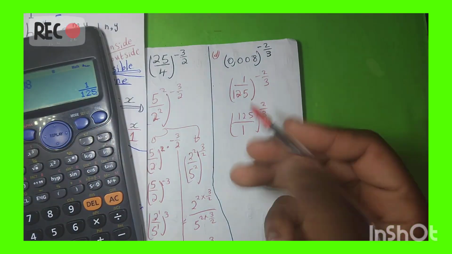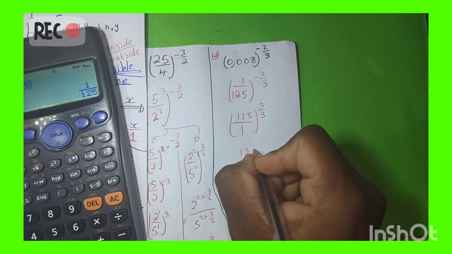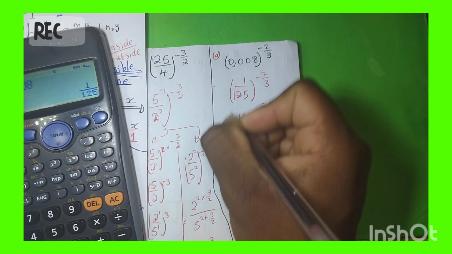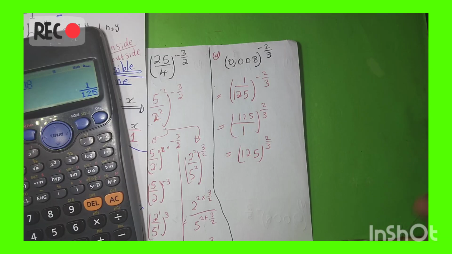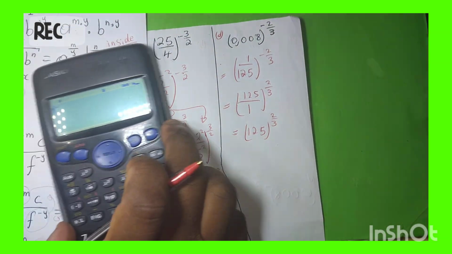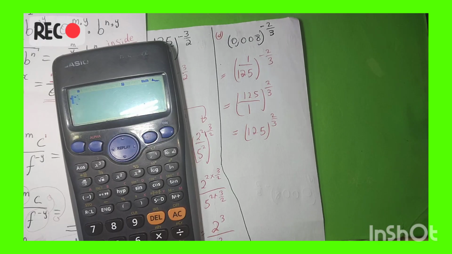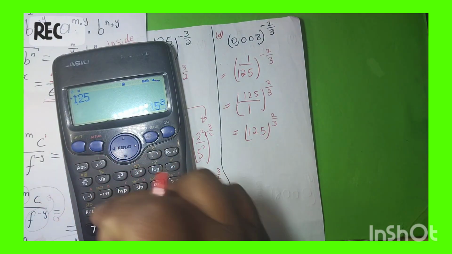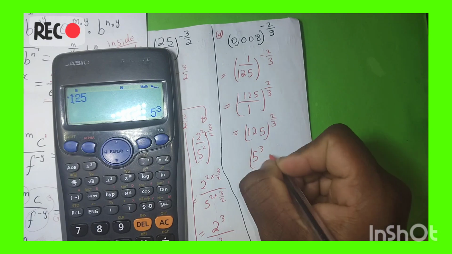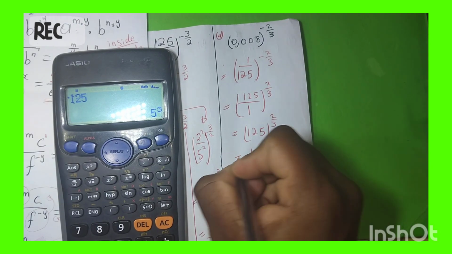So this is what will happen: I'll have 125 to the power of 2 over 3. Now I can change this bigger number into its exponential form. 125 equals, shift fact, this is what I get, and here it's 2 over 5.